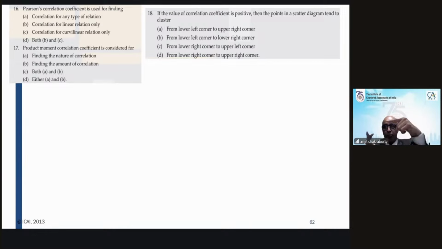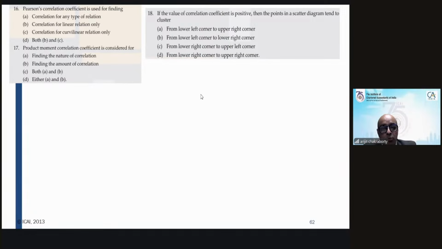Okay, that means the point is here. X is again going up, y is going up. So the confluence point is here. If you just close your eyes and imagine, or if you draw, you will find that if the correlation coefficient is positive, then the points in the cluster, in the scatter diagram, will be from the lower left-hand corner to the upper right-hand corner. Okay. This is question number 18. I think many of you have got it right. Yes.